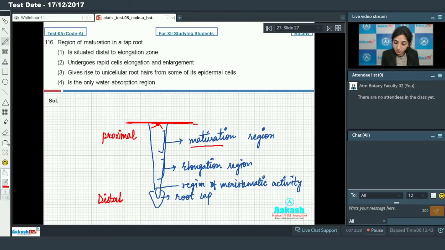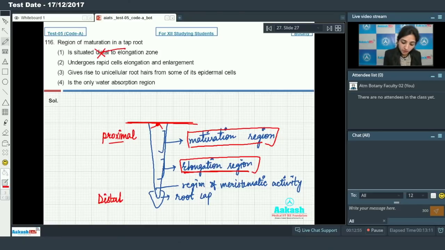Now, is the region of maturation situated at the distal end with respect to the elongation region, or at the proximal end? It is proximal, because the maturation region is close to the origin, so it is proximal and not distal. So this is ruled out.